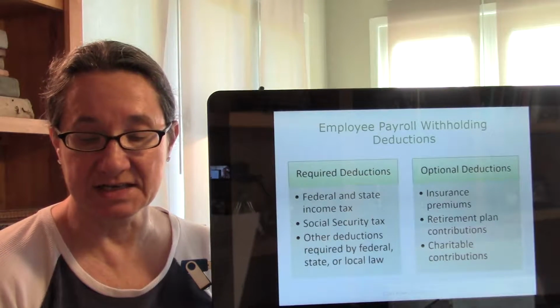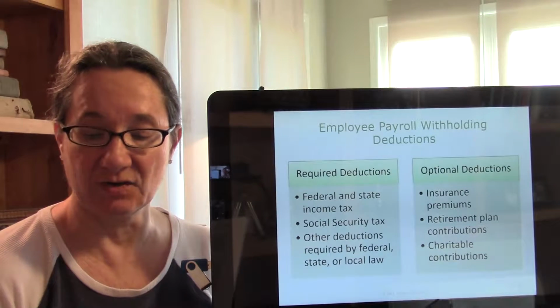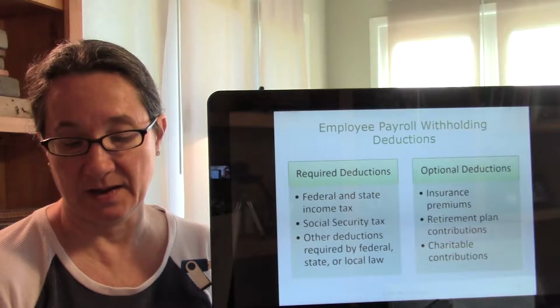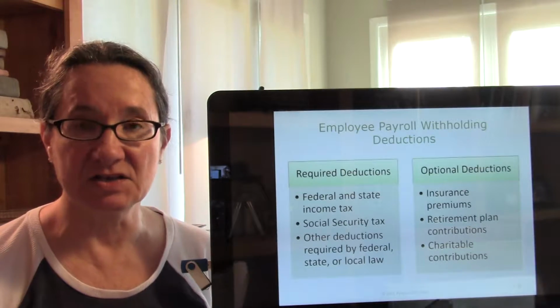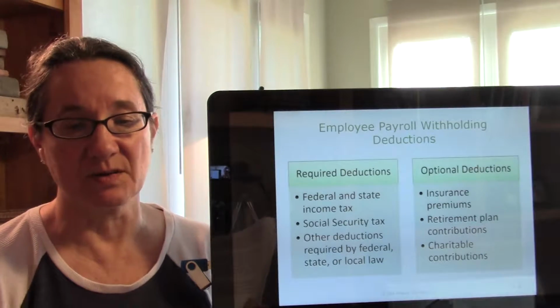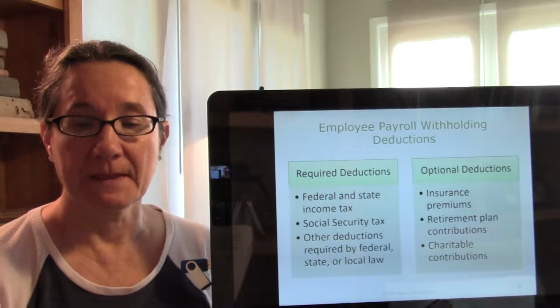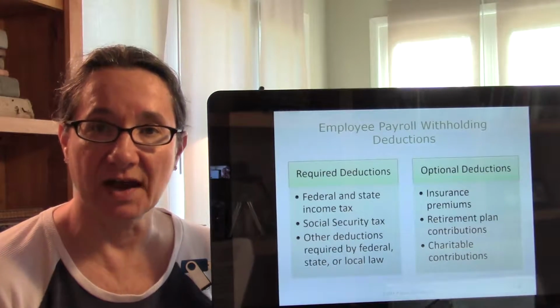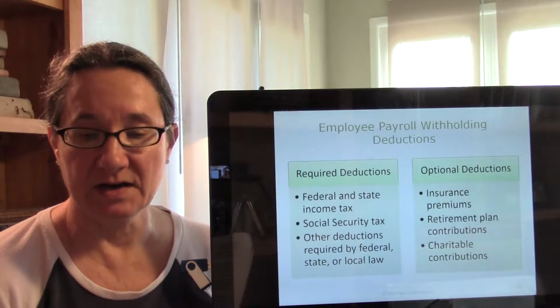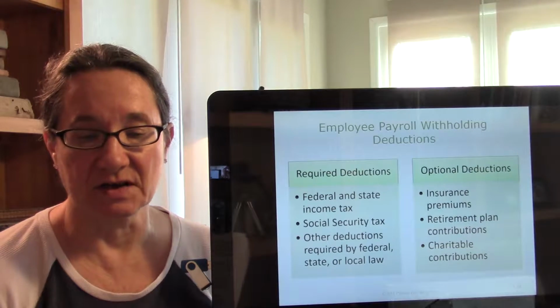Payroll withholding deductions are the difference between gross pay and take-home pay. These deductions are withheld from the paychecks and sent directly to government, to insurance companies, or to other entities. Payroll deductions fall into two categories: required deductions and optional deductions.